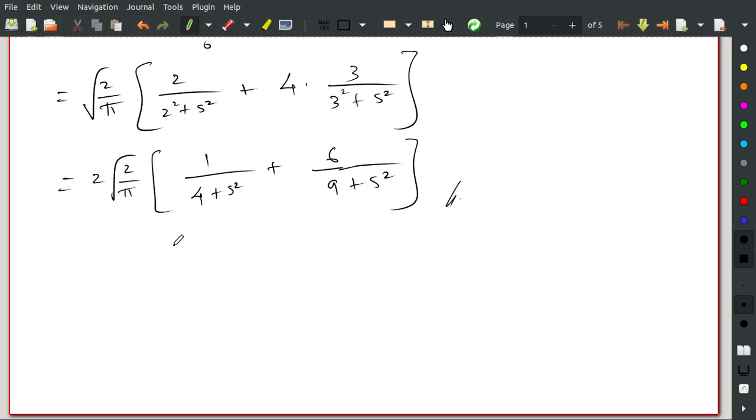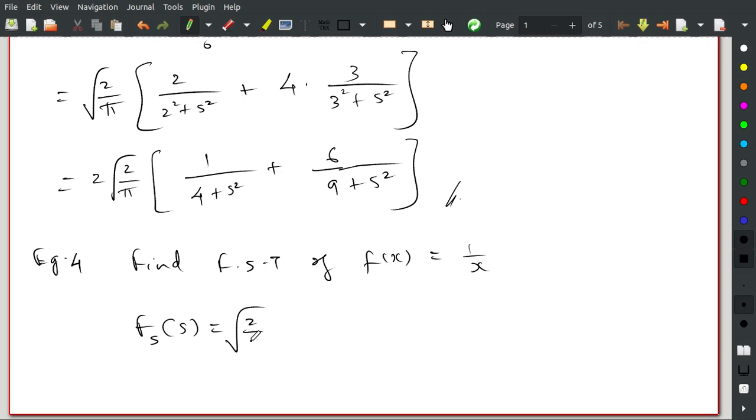So let me work out the next problem. It's example 4 in the book, and it reads: find the Fourier sine transform of f of x equals 1 by x. So they asked to find the Fourier sine transform. We know that the Fourier sine transform of f of x equals root 2 by pi integral 0 to infinity f of x sine sx dx, right?